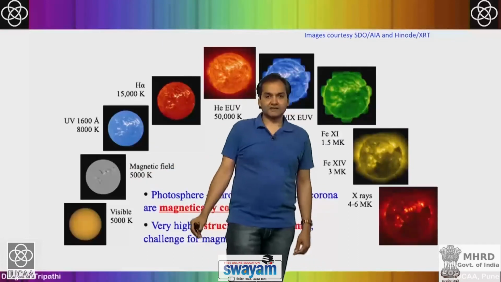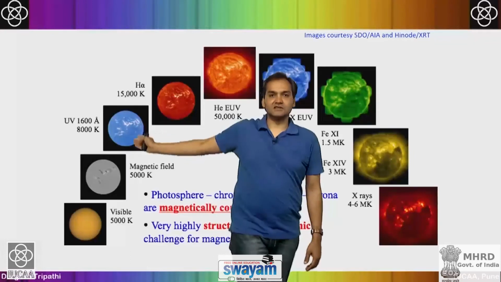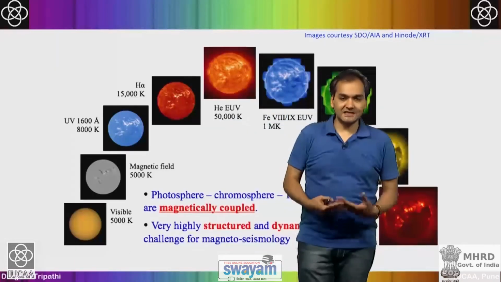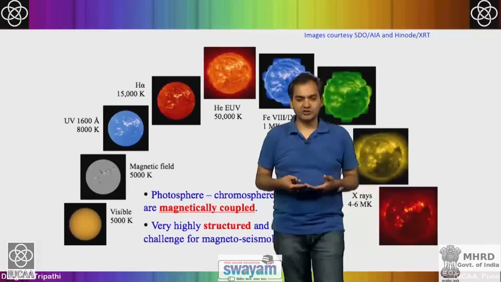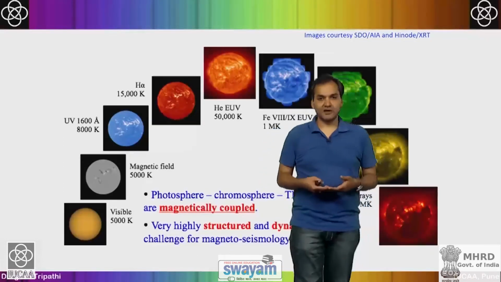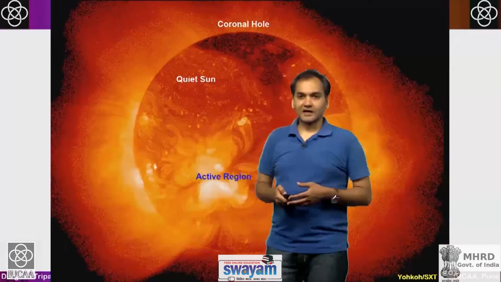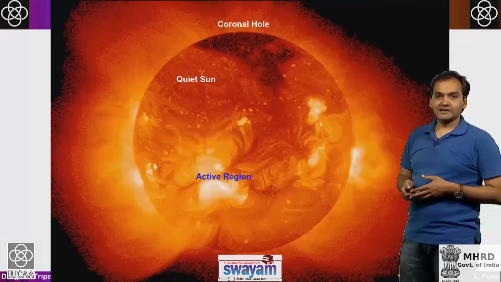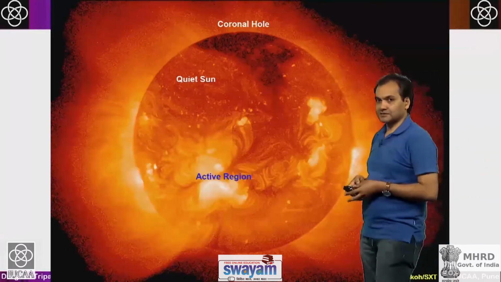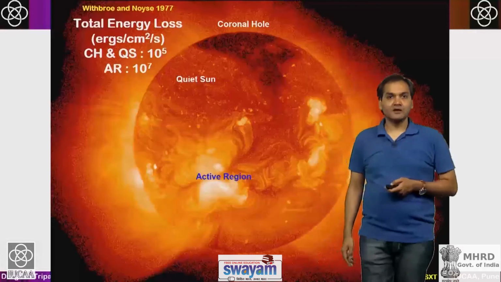What you find is that the stronger the field is, the brighter the regions are, and therefore the heating, or the emission at higher temperature, has to do something with the magnetic field. And if you look at the coronal images, then you find that the corona itself, as we mentioned the other day, has coronal holes, quiet sun and active regions.